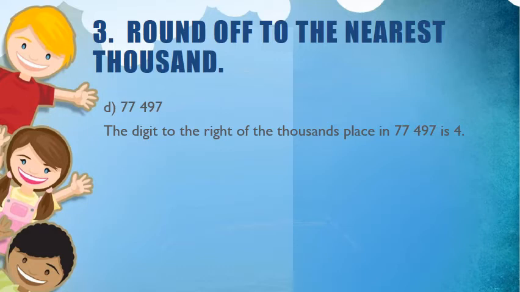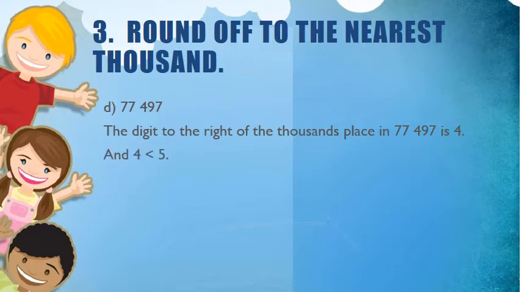The 1000 place is the rounding place. So we have to see what is the digit to the right of the rounding place. Well, the digit to the right of the thousands place in 77,497 is 4.